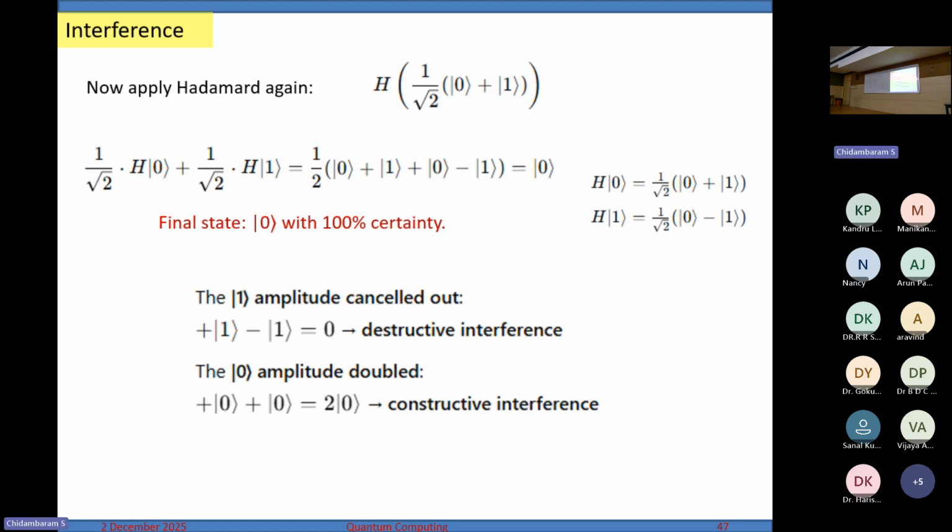So if you observe here, just try this out. Especially, my ket 1 is nullified, which I am calling destructive interference. The ket 0 amplitude is doubled, which I am calling constructive interference.